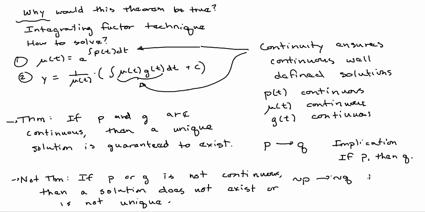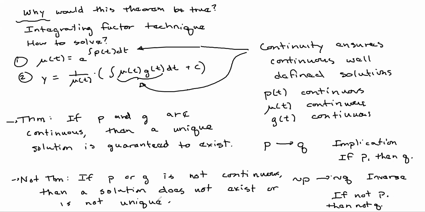If you study a little bit of logic, this is the inverse, and you could translate it as: if not P, then not Q. These are not equivalent. If you have an implication, you cannot translate it into this inverse form.